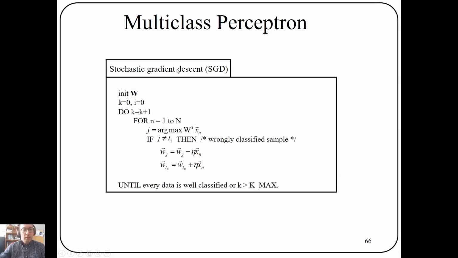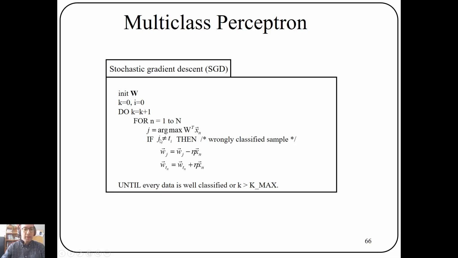Now, the stochastic gradient descent algorithm of the multi-class perceptron is as follows. First, we initialize our, let's say, 3x3 matrix, start iterating for a certain number of times, and then we start visiting every point in the training data set. For every point, we look at the class which corresponds to the largest score, as I mentioned before.